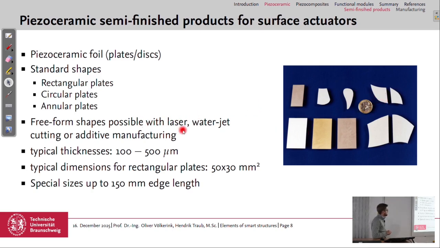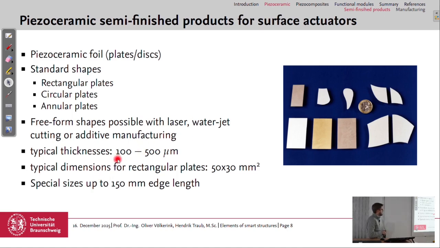We can just cut them by laser or with water jet cutting, or also have additive manufacturing processes to manufacture these piezoceramics. At the moment we have a former PhD student at our institute who founded a company who will additively manufacture piezoceramic materials, so you can 3D shape these transducers.